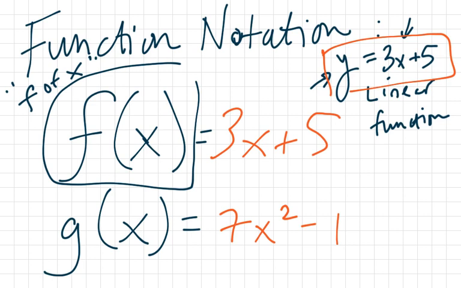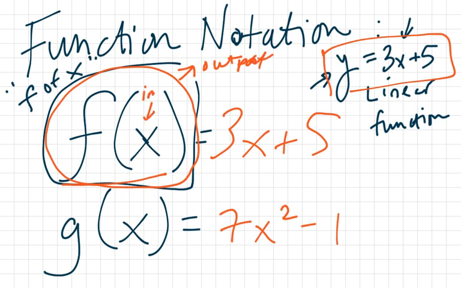Now, the cool thing about the function notation is that this implies that we evaluate certain x values. So this is a function of x values, and this represents what our output will be when our input is x.